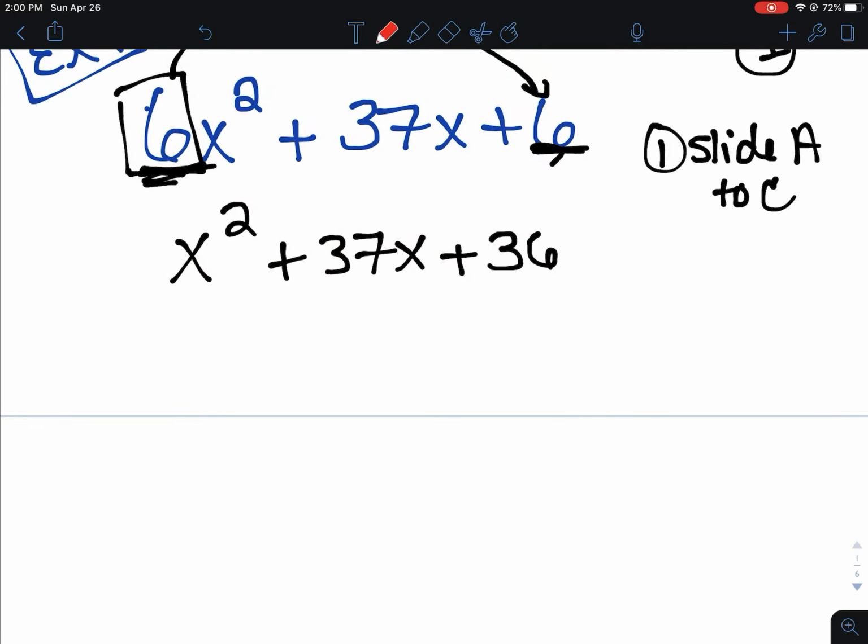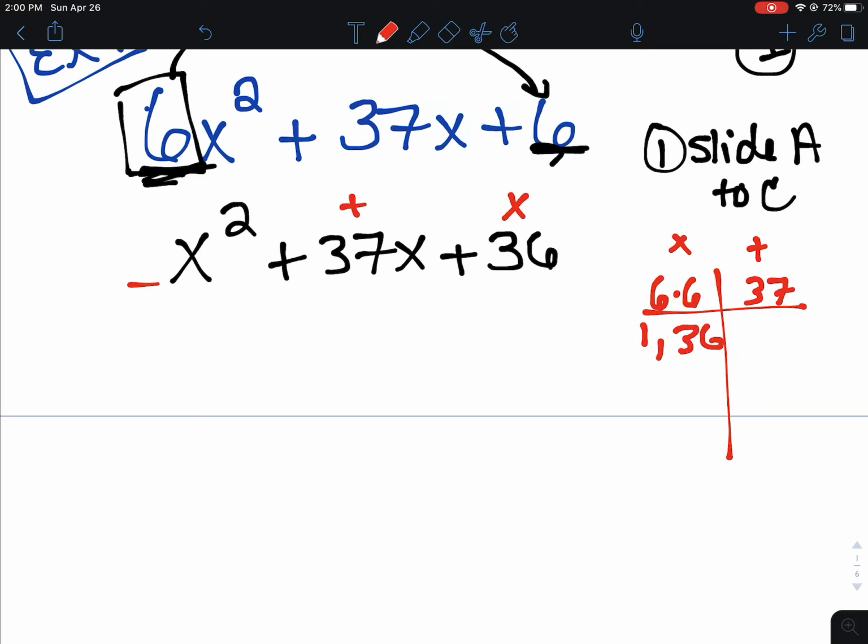Now it's the same kind of factoring you guys did last time because we don't have a number in front of x squared. So I need to find two things that multiply up to 36 that add to 37. Or essentially, we're finding what multiplies to 6 times 6 that's going to add to 37.